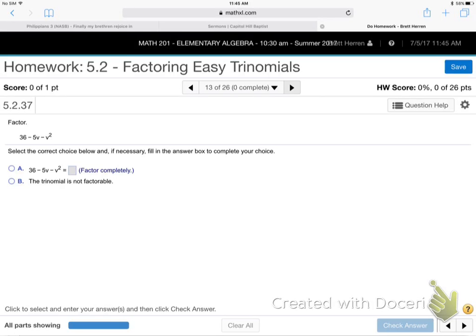Now we're at the halfway point in this section. 36 minus 5v minus v squared. Okay, first off, reorder. And when you reorder, you got to go from highest power to lowest. And you take their signs with them.